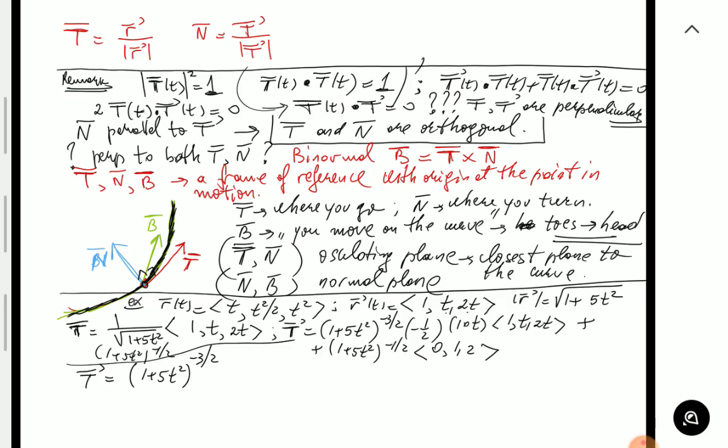If I pull this out, the remaining part I'm going to bring in a single vector here. These two, minus 1/2 times 10t, become minus 5t, scalar multiple with that vector. That's going to be minus 5t, minus 5t squared, minus 10t squared.